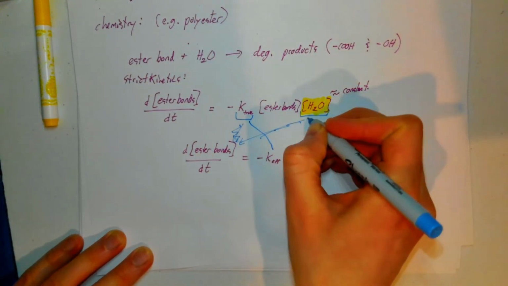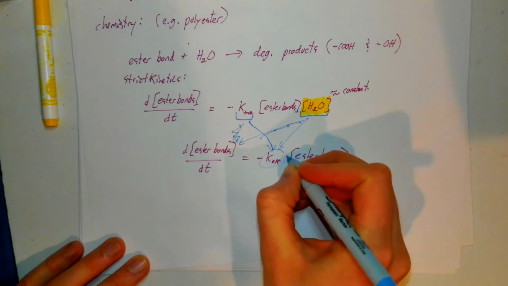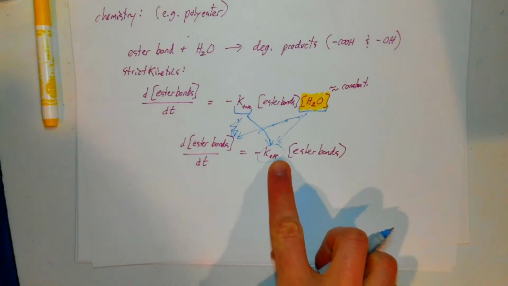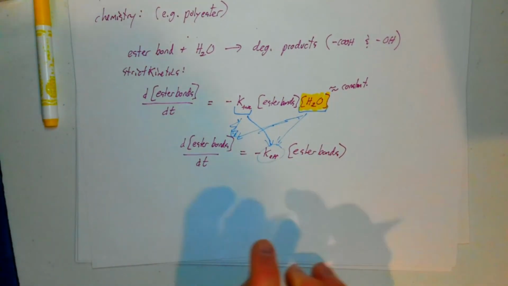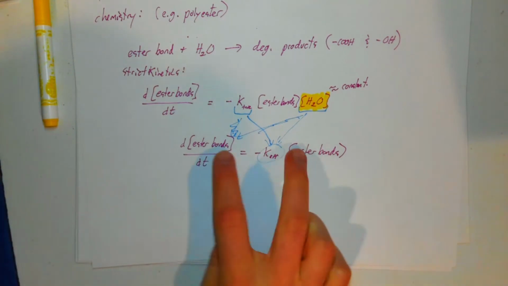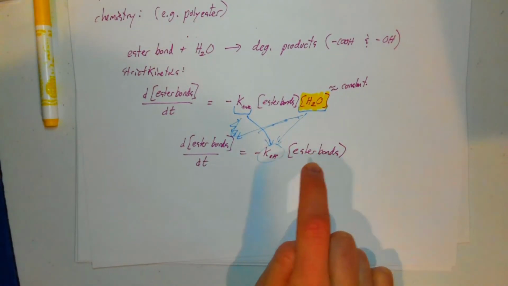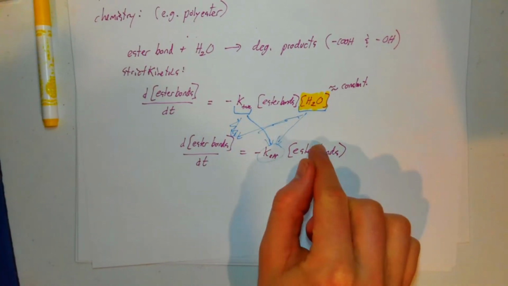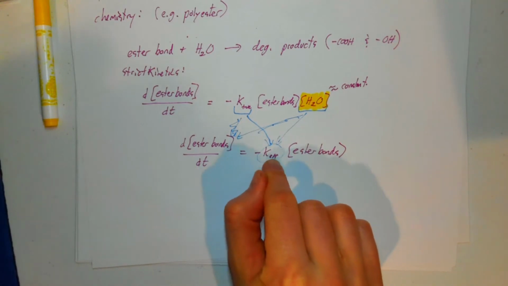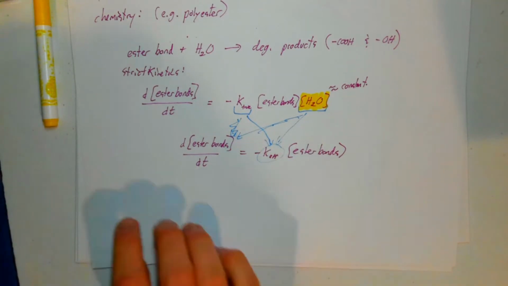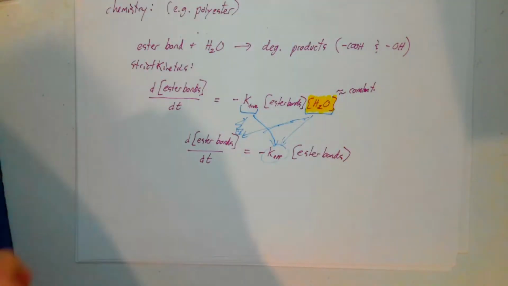People have lumped together these two parameters into this single K effective right here. And this is the K effective that we were talking about in the previous lecture. So basically, the more ester bonds there are, the higher the chance any one of them could break at any given time. There's some proportionality constant K effective, which is incorporated here.